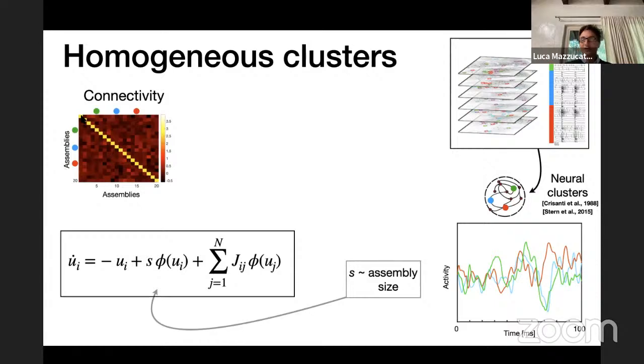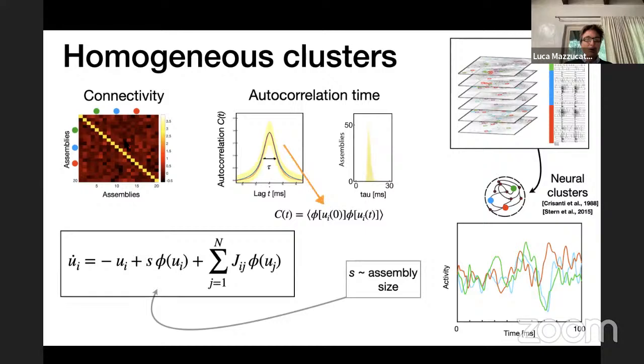We can start from a simple example in which all the self-couplings have the same value. Here, for example, it is 3. And what we find is that we can measure the autocorrelation of all the units in the network. The units represent these neural clusters. And all the units have the same autocorrelation. There's no heterogeneity of timescales in this network when all of the self-couplings are equal.